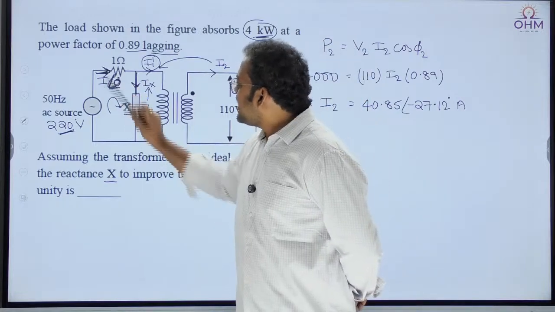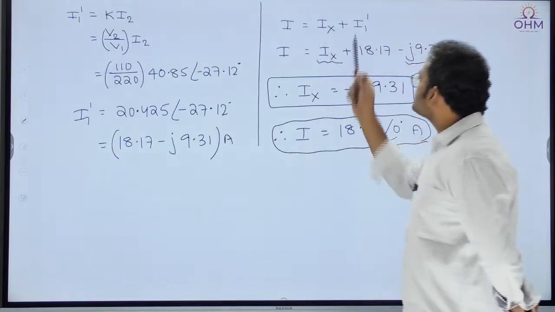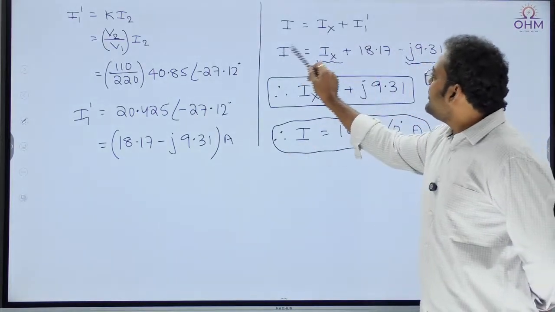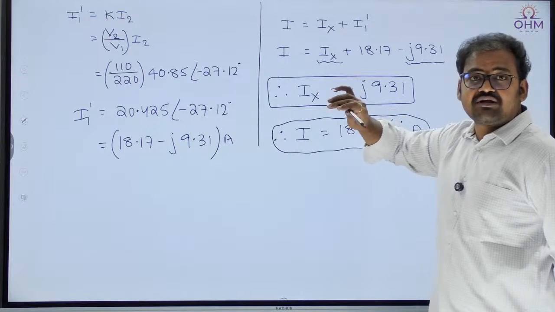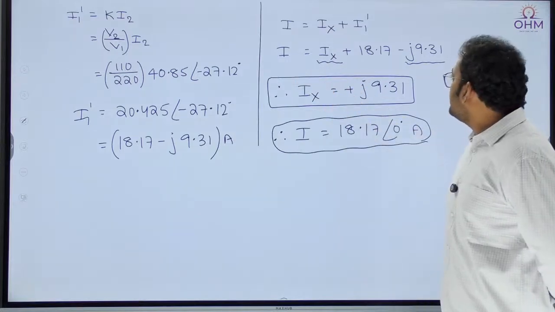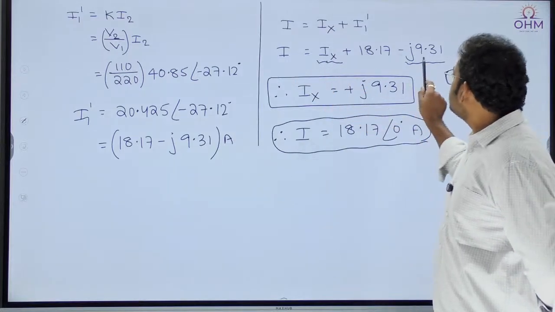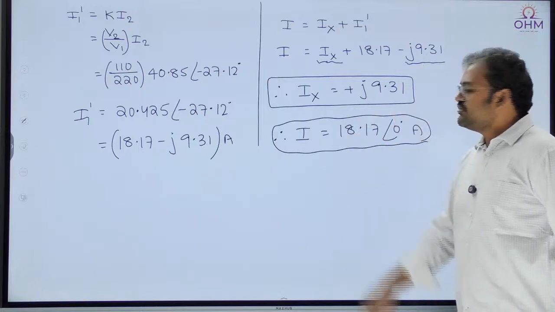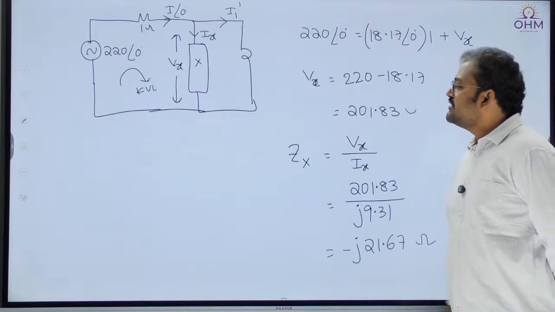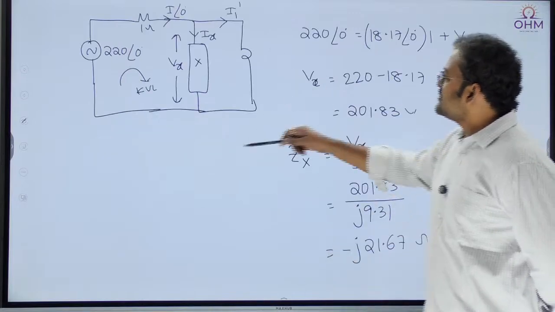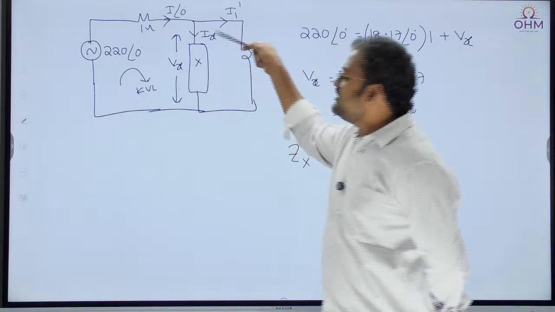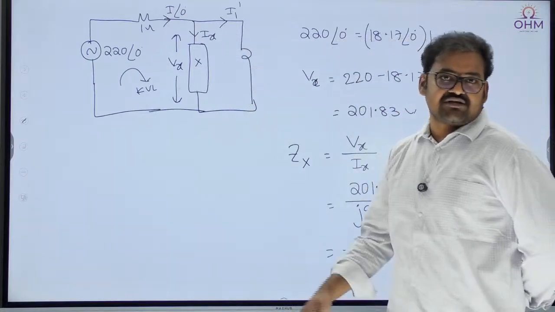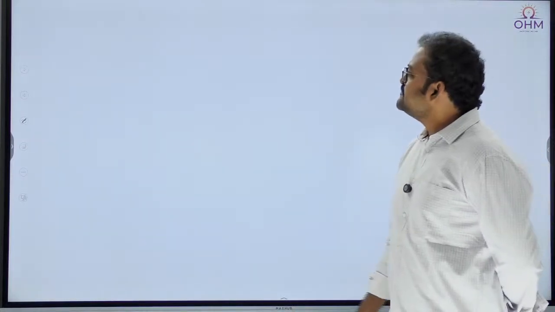This I must be at an angle 0. So I applied the KCL equation. Overall current will be at an angle 0 only if the reactive part is cancelled. Can I say the reactive part will cancel if Ix is exactly opposite to this value, plus j9.31? That is how I found the overall input current I, and then I applied the KVL equation. I got Vx. If I know Vx, I can find out the reactance X. Okay, that's it.